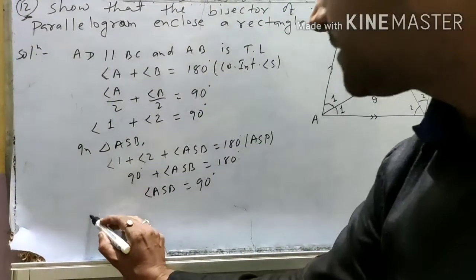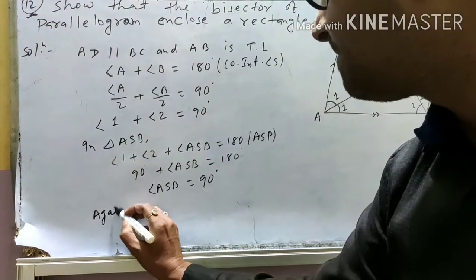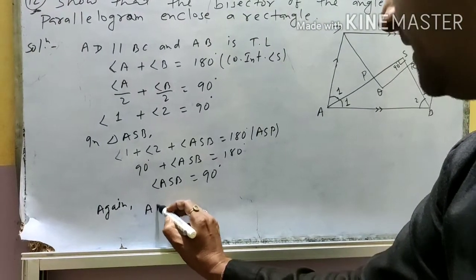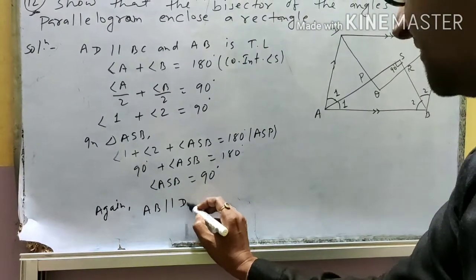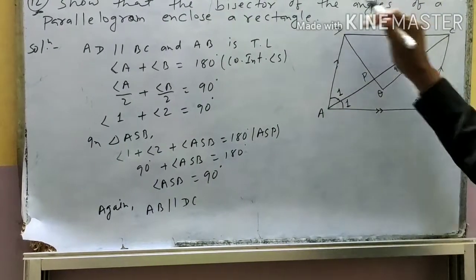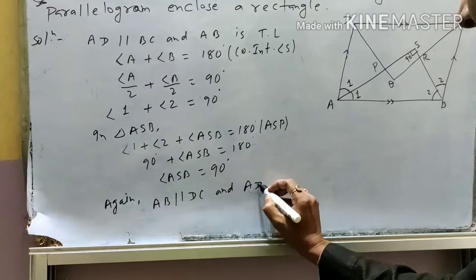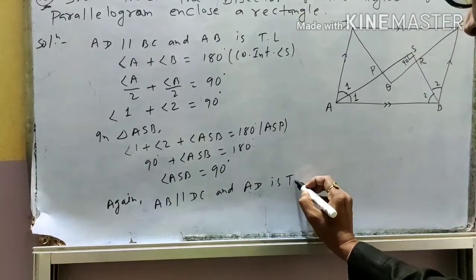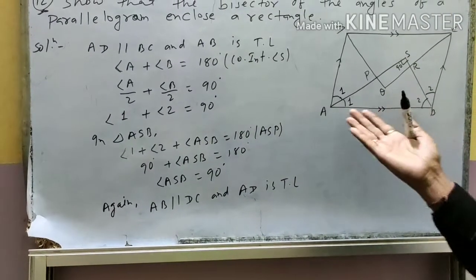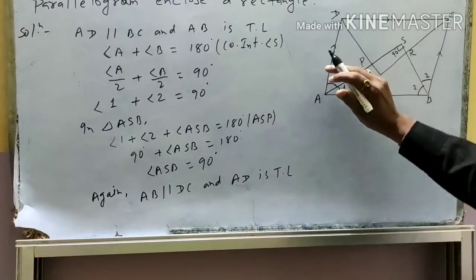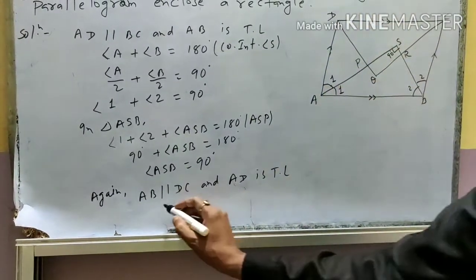By the same process, again AB is parallel to DC and AD is the transversal line. So this angle plus this angle is equal to 180 degrees.